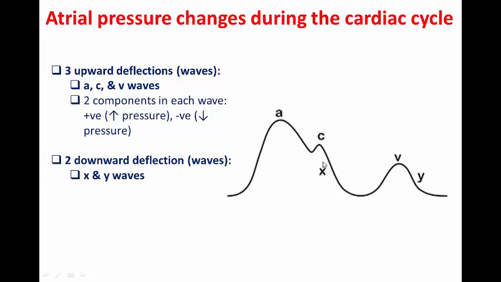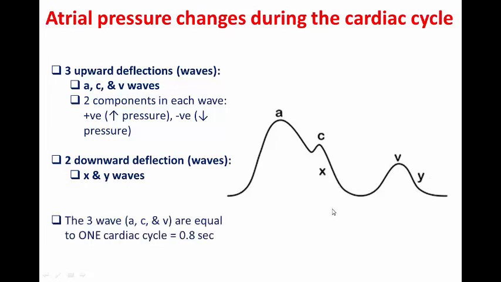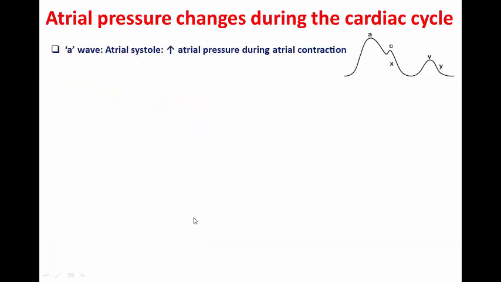And we also have 2 downward waves or 2 downward deflections, which are the X and the Y descents, or the X and Y waves. The 3 waves, the A, C, V waves, are equal to 1 cardiac cycle. So their duration is equivalent to 0.8 of a second.